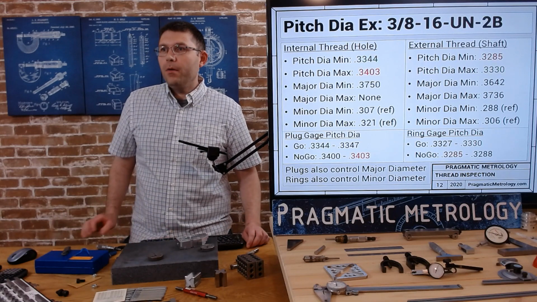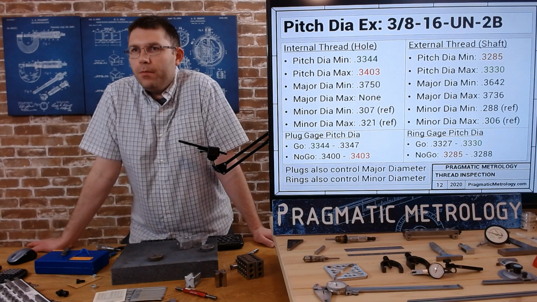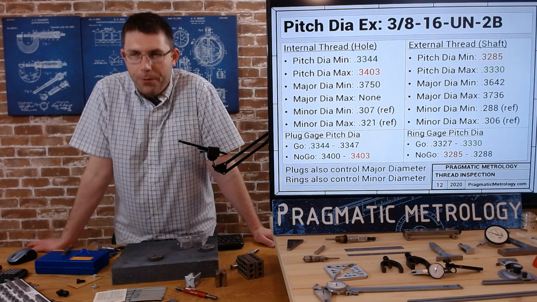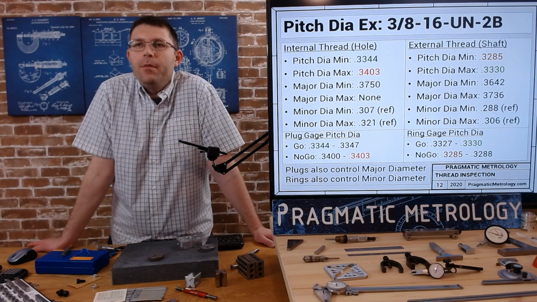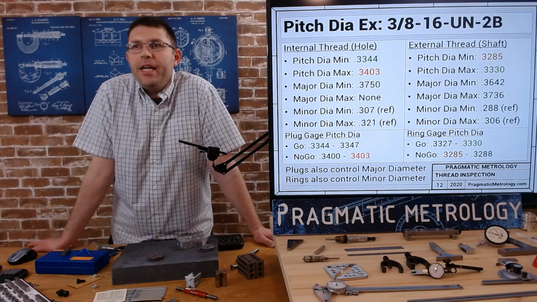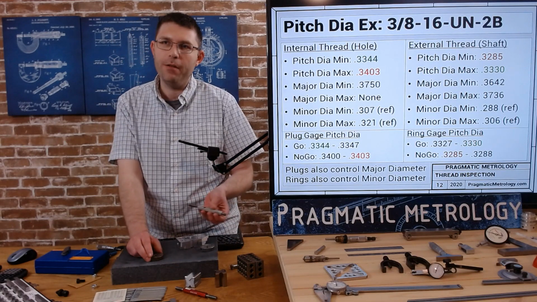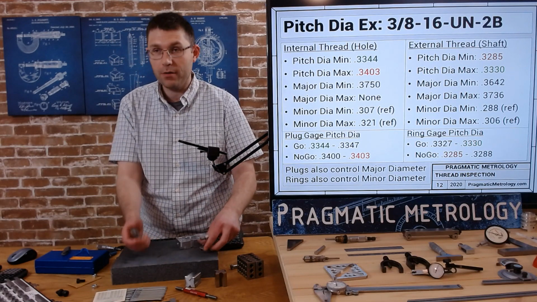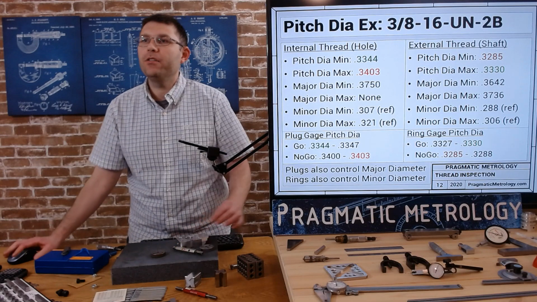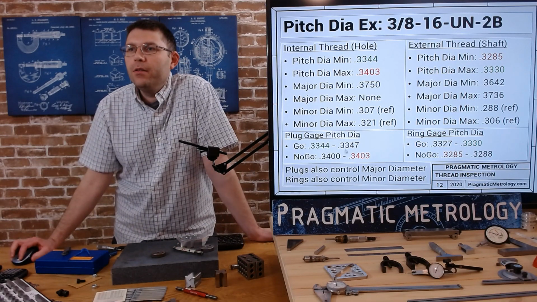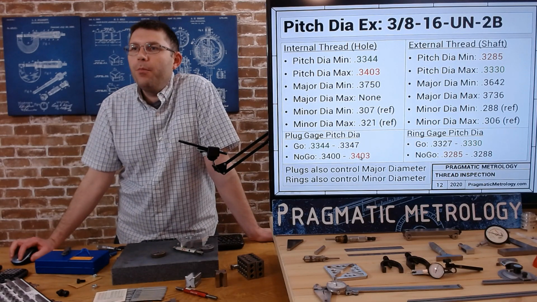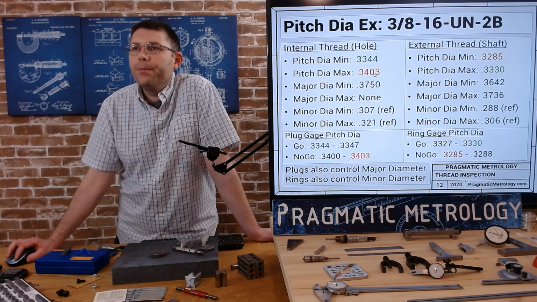So I mentioned, our thread has a pitch diameter minimum and a maximum, and our gauges have a pitch diameter minimum and a maximum. So there's a little tolerance that the gauge manufacturers are allowed to make these. And that tolerance, if you look closely, 0.3403 is right here, 0.3403.